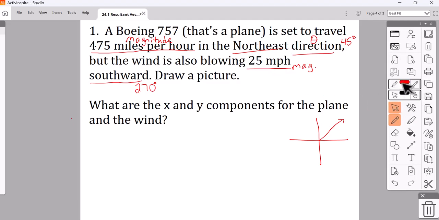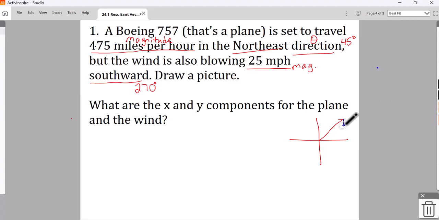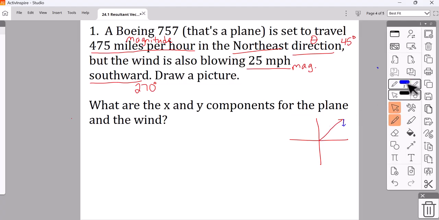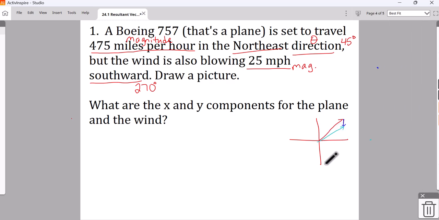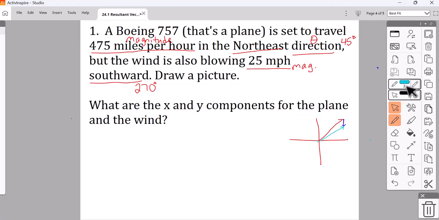So our plane, I'm going to make red, and then our wind is going to be much shorter, and it's going in the southward direction. So I'm putting them end to end, plane first, then the wind, and then my resultant vector, which we will talk more about tomorrow, is going to be this one here. So today we're just focusing on plane information and wind information.